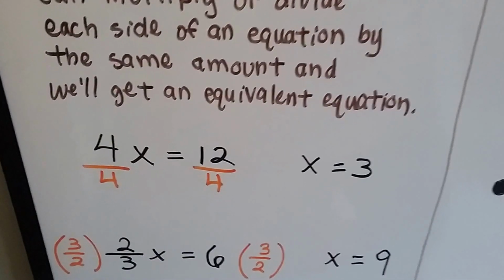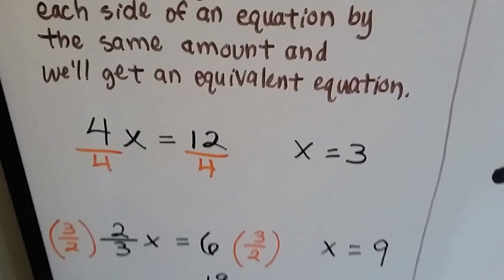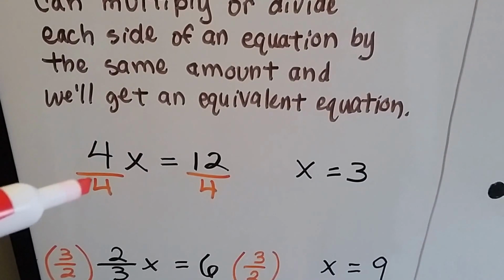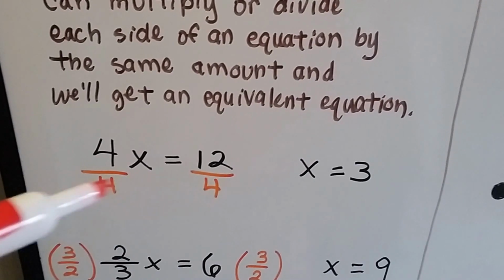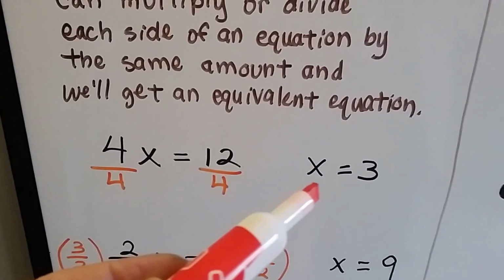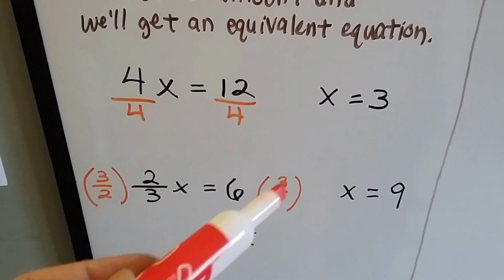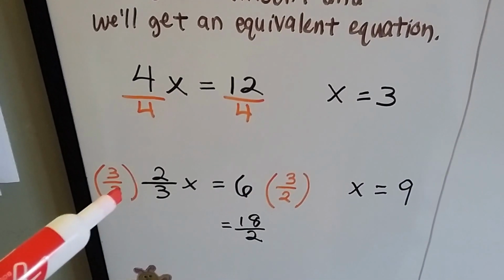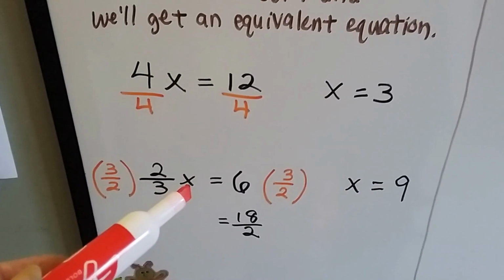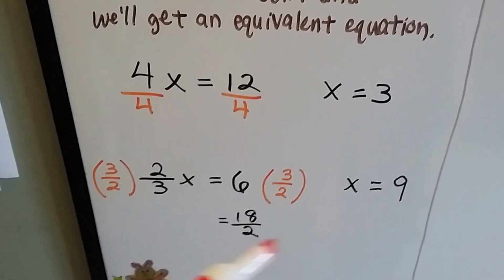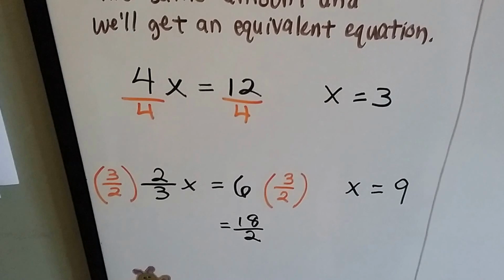So if we just want x to be by itself, and it's got a coefficient of 4, we can divide both sides by 4, and it's going to make x equal 3, isn't it? And we can also multiply by the reciprocal, can't we? And that would isolate the x. And that would make x equal 9 in this case.